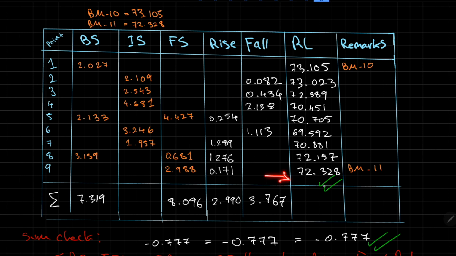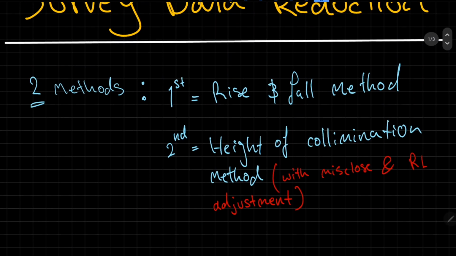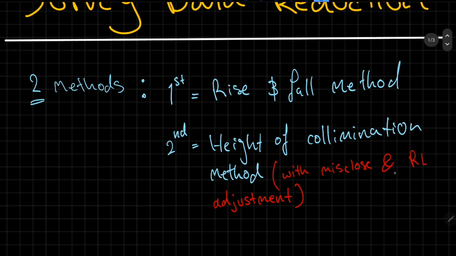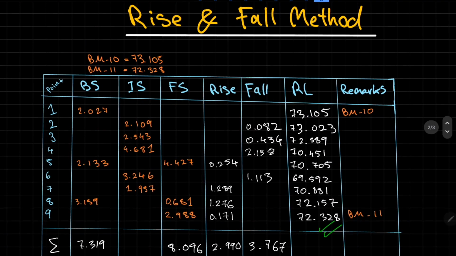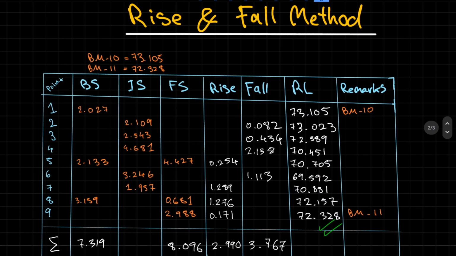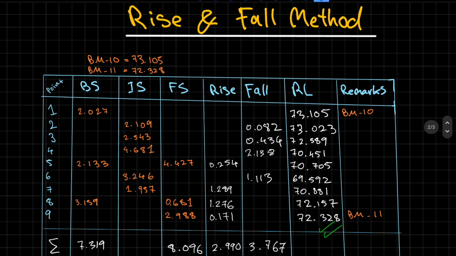Imagine the rise you calculated may be 0.170. That is going to be off by 0.001. So in that case, you need to do what is called a misclose, and then you need to adjust every reduced level. So we are going to look at that procedure in the next exercise.